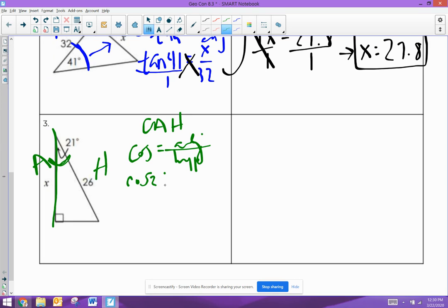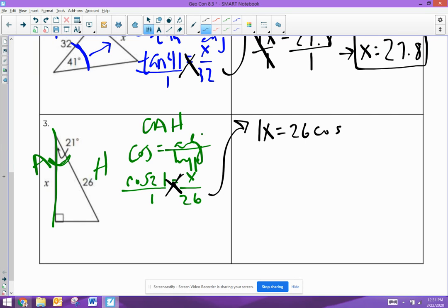The cosine of 21 is the adjacent over the hypotenuse, x over 26. Maybe you could take it from here. Maybe you pause me. Okay, hopefully not mute me because that would be rude. And keep it going. So we have 1x equals 26 cosine of 21.